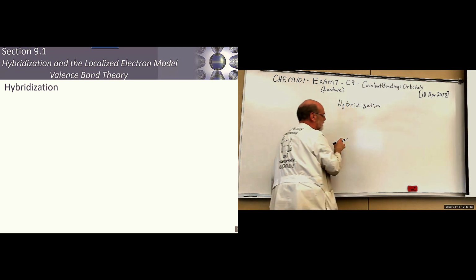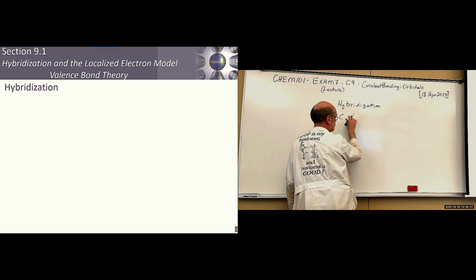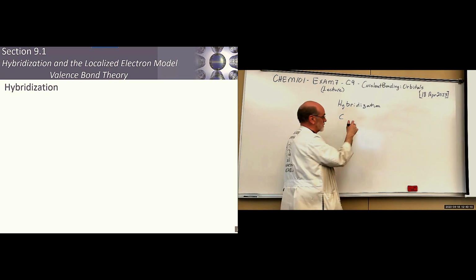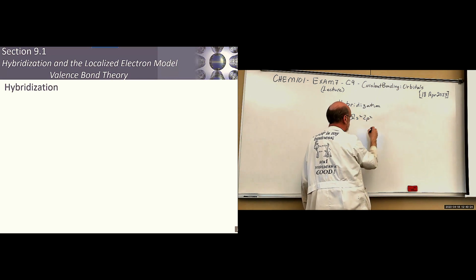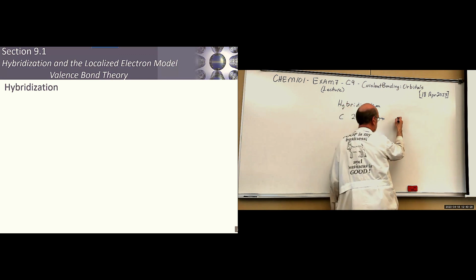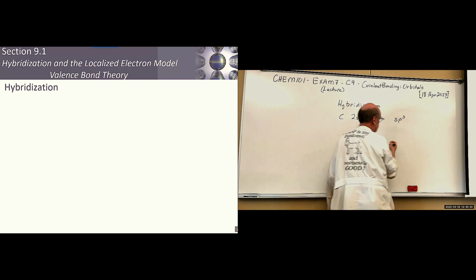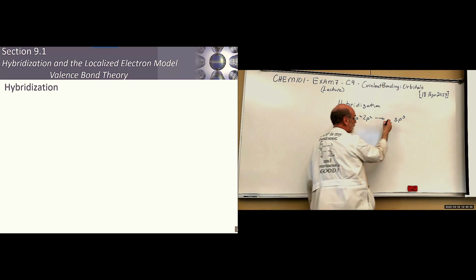So what we're going to do is take those orbitals for carbon, just the bonding orbitals, the 2s and the 2p's, and we're going to create a hybrid orbital called sp3. There are going to be 4 of them.